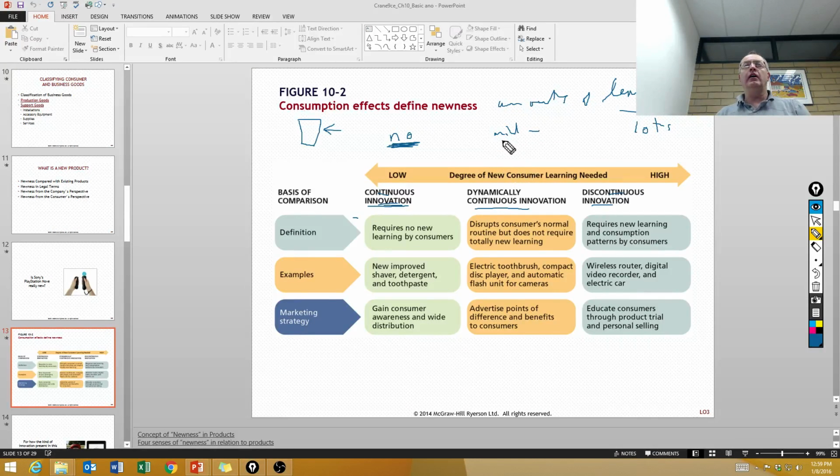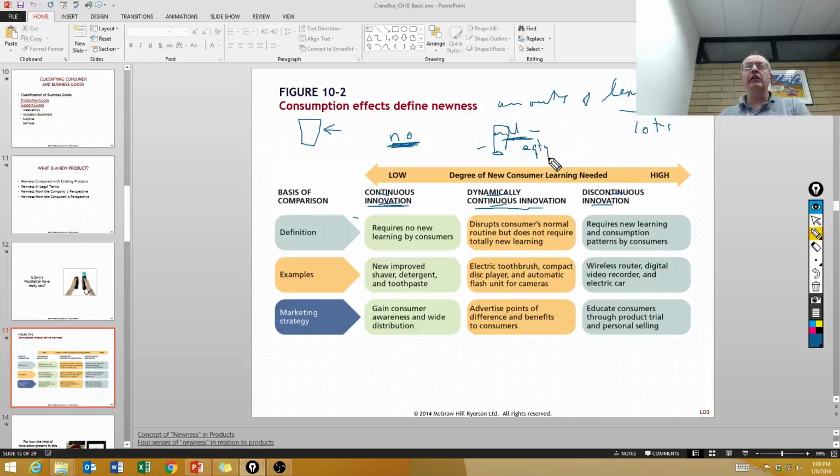A couple of examples of products that have only a minimal amount of learning required in order to use them: one example in the book is the ketchup that has the opening on the bottom of the container, rather than on the top of the container. That requires a minor amount of learning to be able to use that product. And I think another example of a dynamically continuous innovative product would be e-cigarettes.